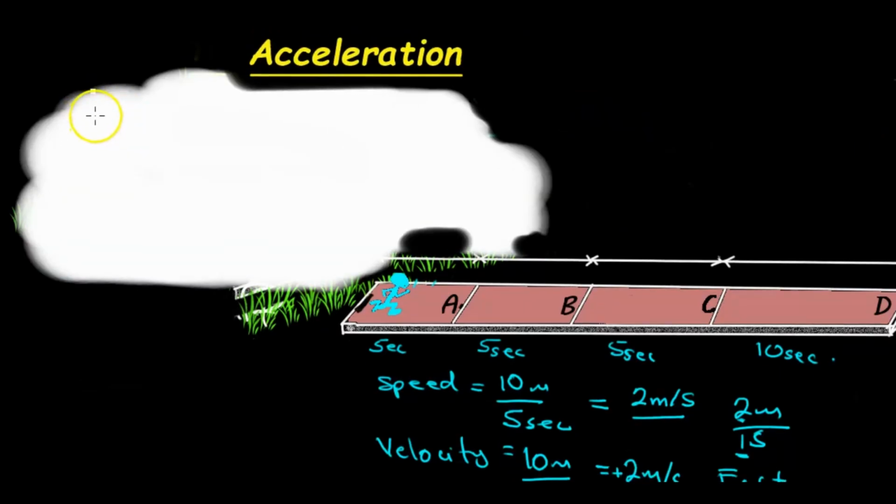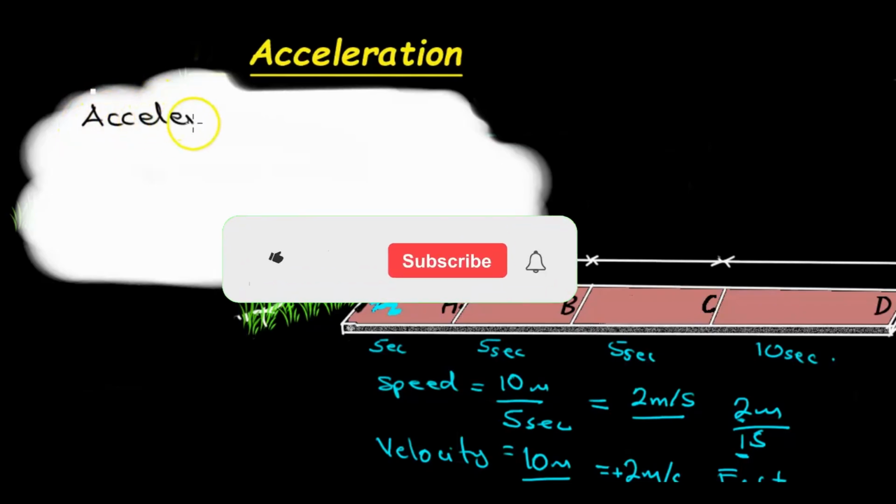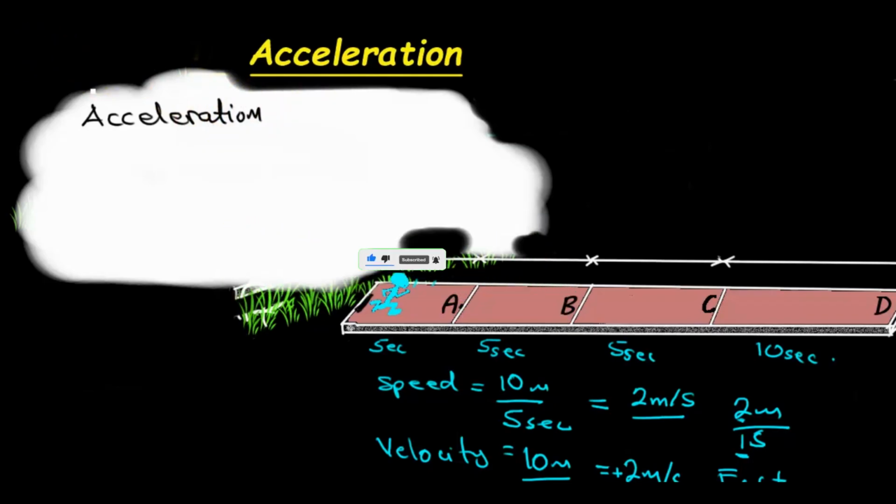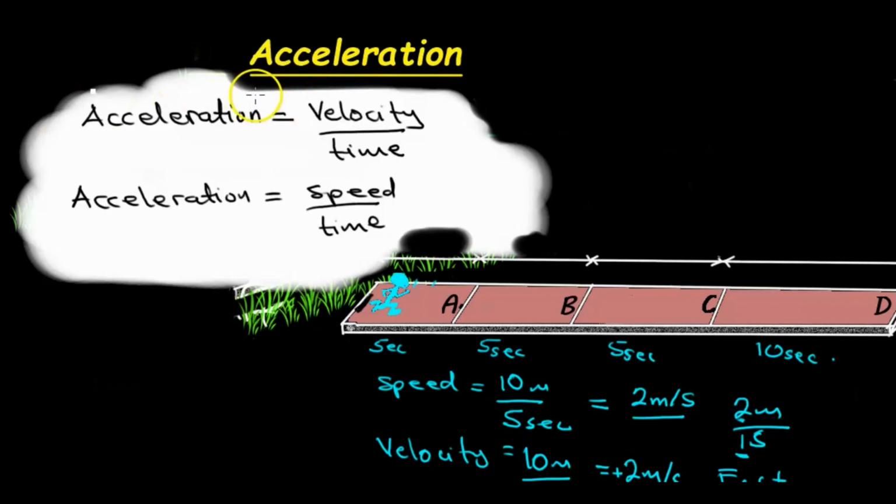So the acceleration of a body is the rate at which velocity or speed changes with time. Acceleration is a vector quantity and therefore it is direction sensitive.